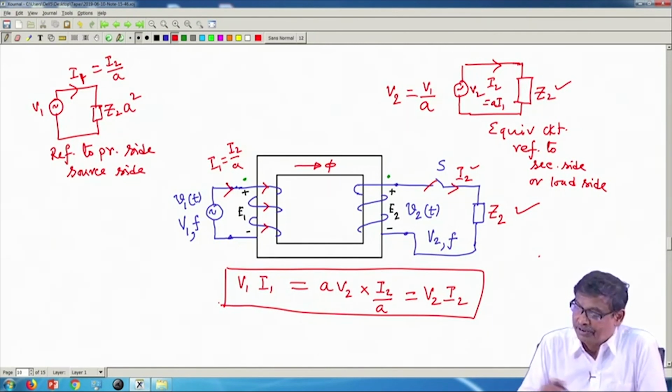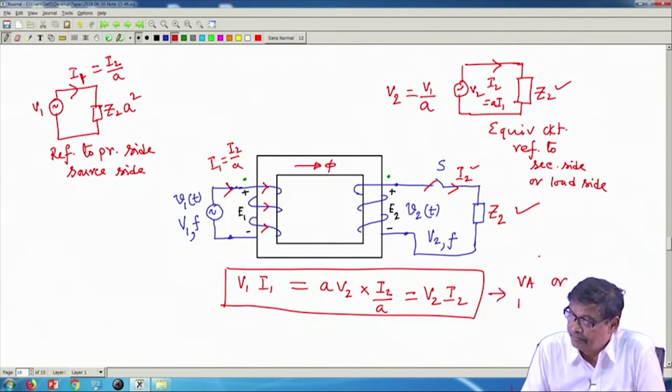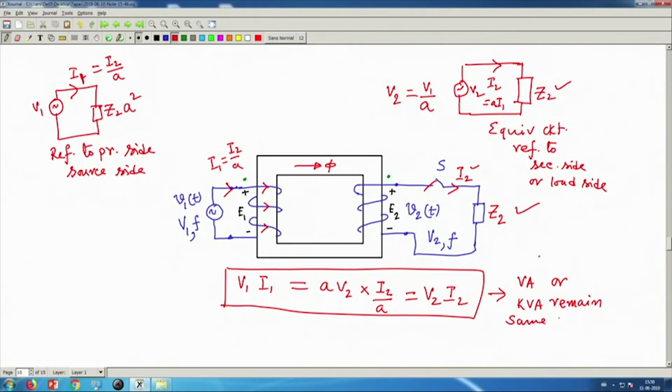So, this is called volt ampere or kVA remains the same on both sides, and current and voltages are related by this, that V 1 is equal to A V 2 and I 1 is equal to I 2 by A. And what is A?